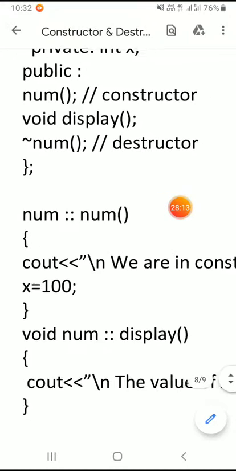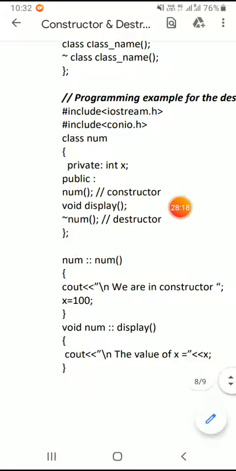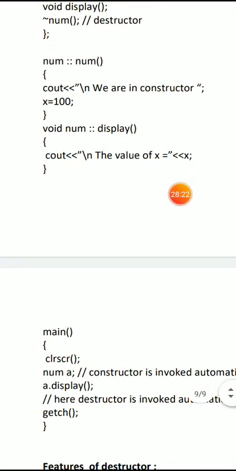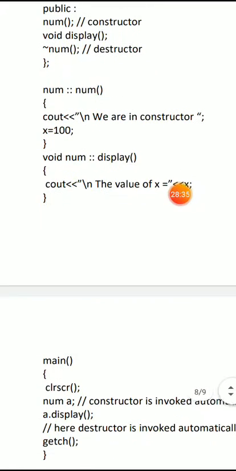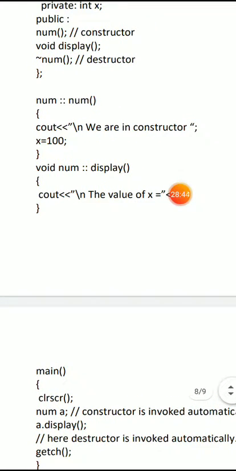So here, when the constructor is invoked in the main function, say num a, the constructor is accessed by the object a. When the constructor is invoked by the object a, it displays the message 'we are in constructor', and a dot display shows the value of x, that is 100. You will get that message.